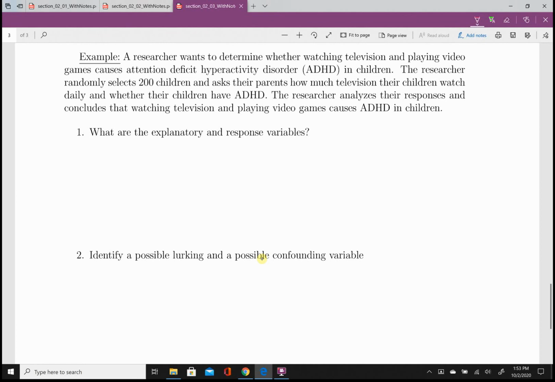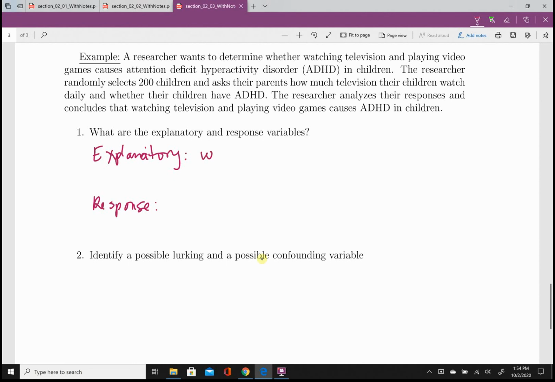So what are the explanatory and response variables? Explanatory will be the thing that comes first, and then the response. So what is coming first as far as the variables in this particular study? Well, it's going to be the playing video games or watching television.